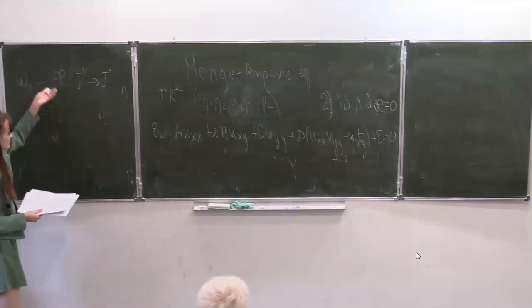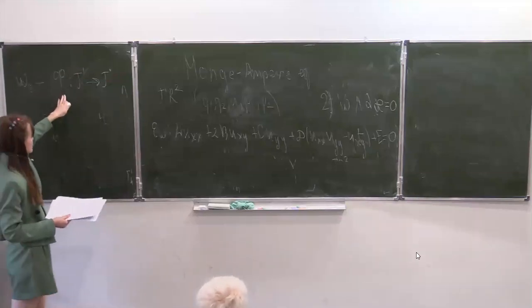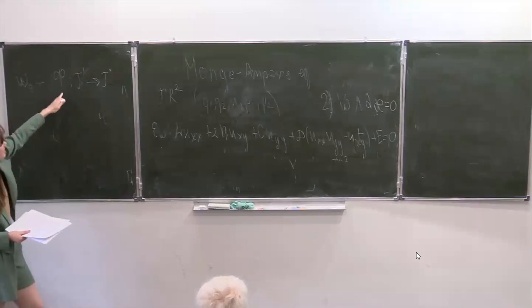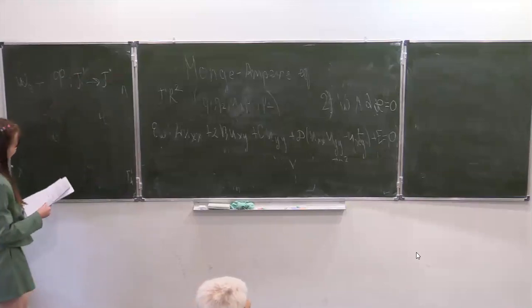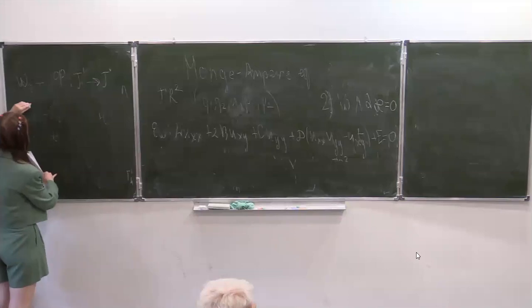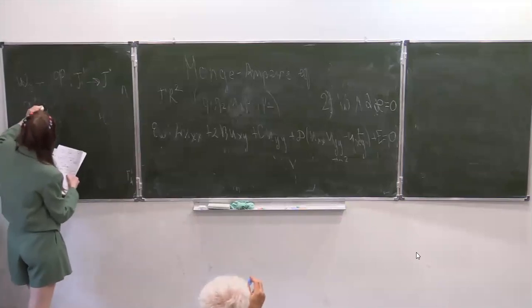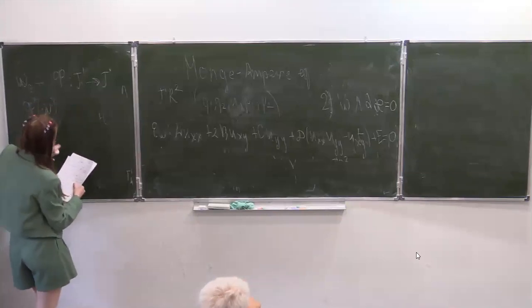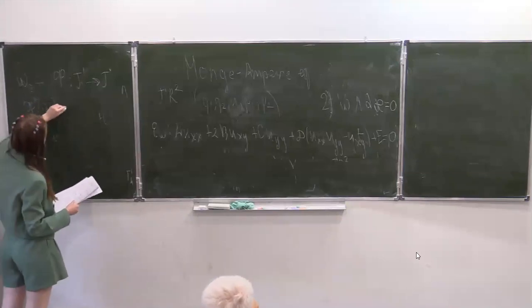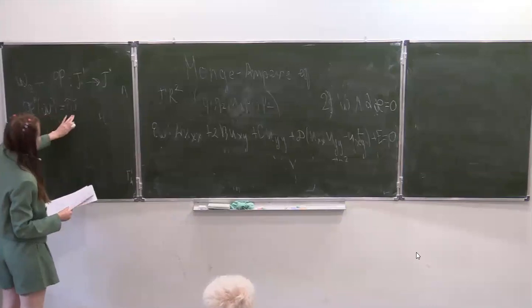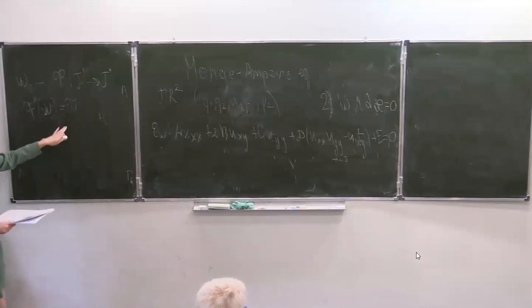I think everybody knows that a contact transformation preserves the Cartan distribution. And we transform, and this new form can be not effective. Why?